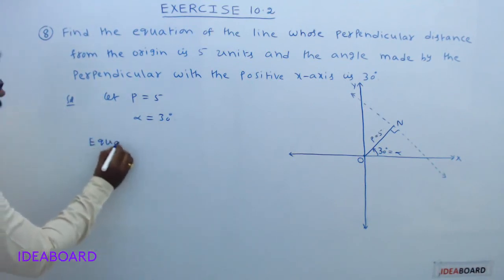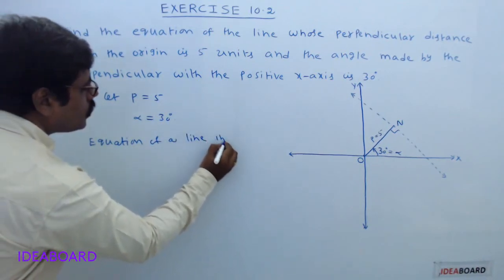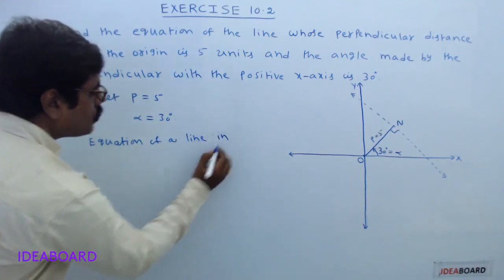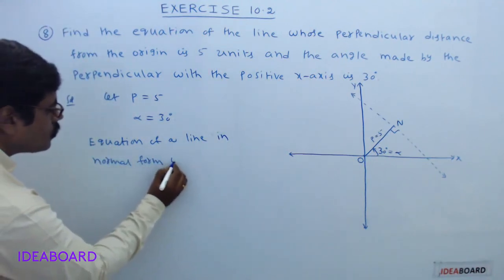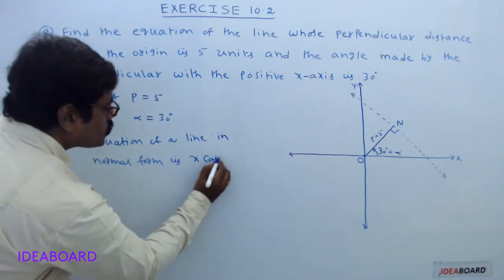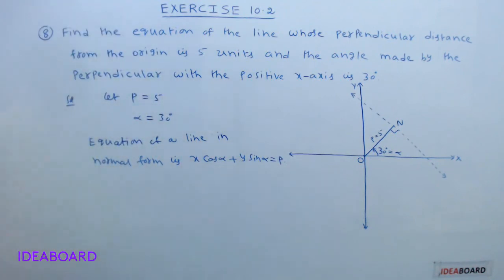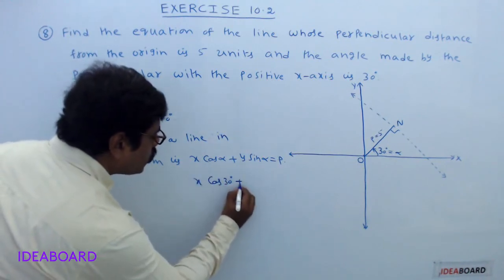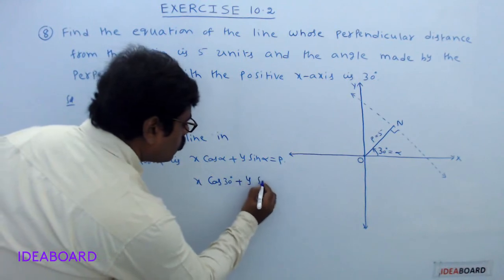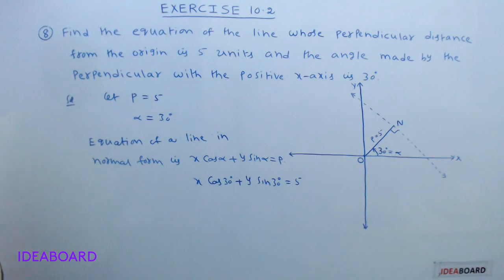Therefore the equation of a line in normal form is x cos alpha plus y sin alpha equals P. Substitute the corresponding values: x into cos 30 degrees plus y into sin 30 degrees equals 5.